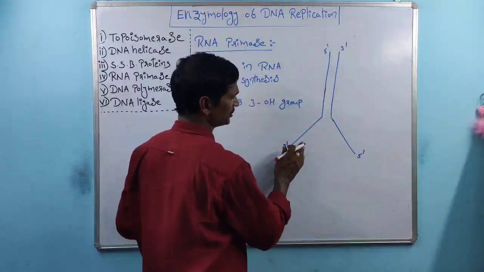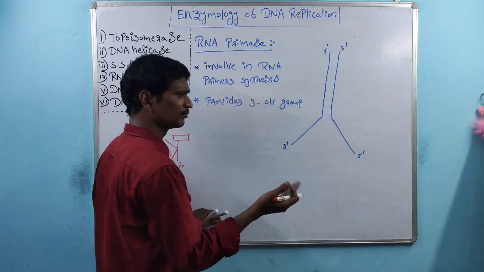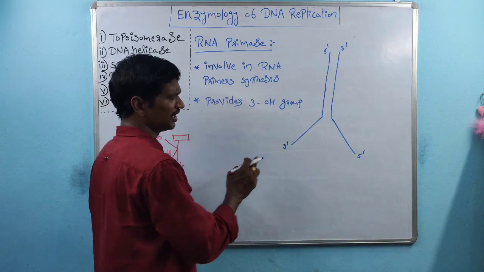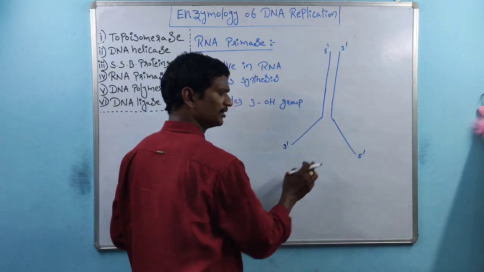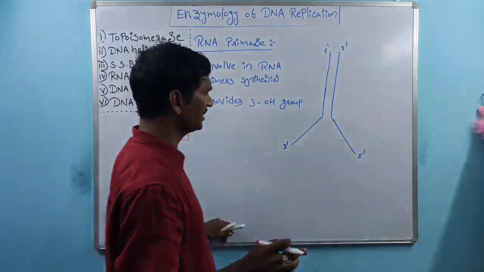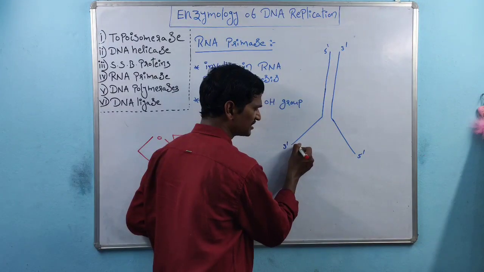So for that purpose, this is one strand and this is one strand. After that, the coils removing process. After that, hydrogen bonds cleavage. After the binding of single stranded proteins, right, the next action is the RNA primase enzyme.